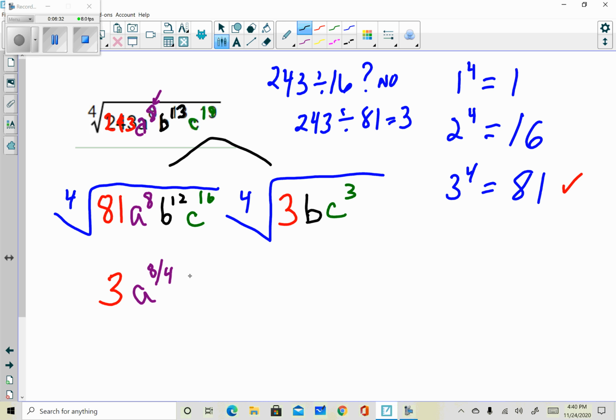The fourth root of b to the 12th is b raised to the power over root. 12 over 4. 12 is the power, 4 is the root, power over root. The fourth root of c to the 16th is c to the power over root. 16 is the power, 4 is the root.